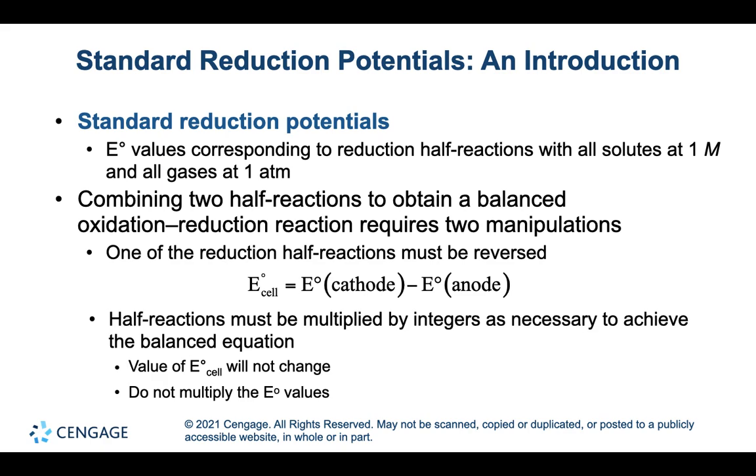So then, if you want to know how much voltage combining those two reactions would create, in other words, what is the voltage of the battery I make if I use this one as my reduction step and this other one as my oxidation step? Remember, reduction, cathode, red cat, anode, oxidation.